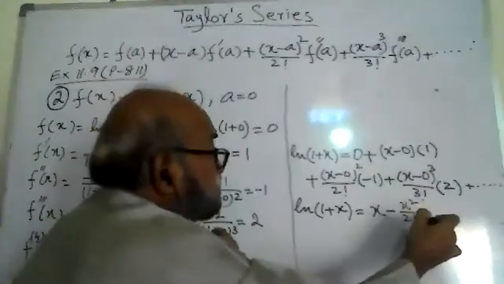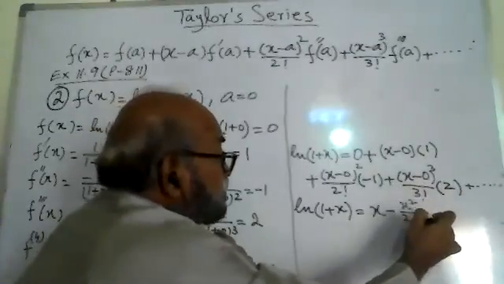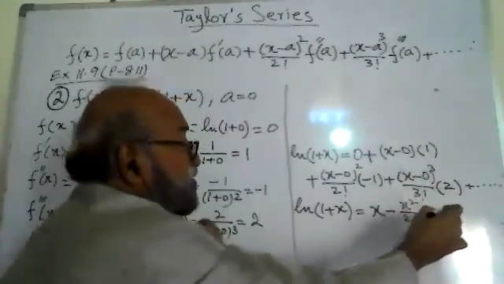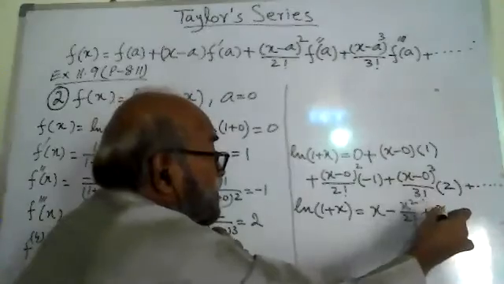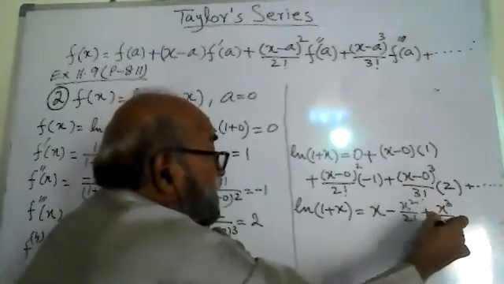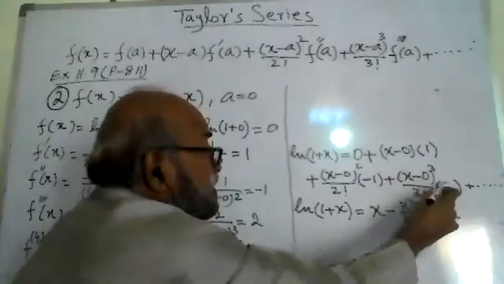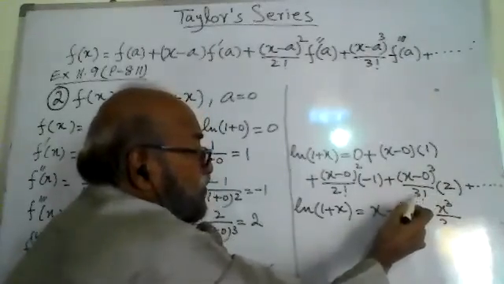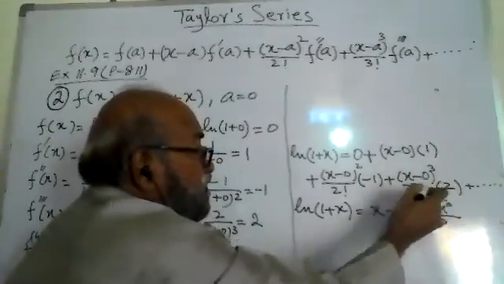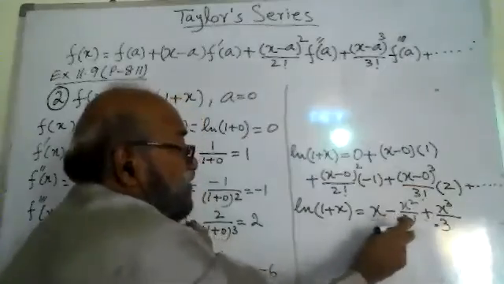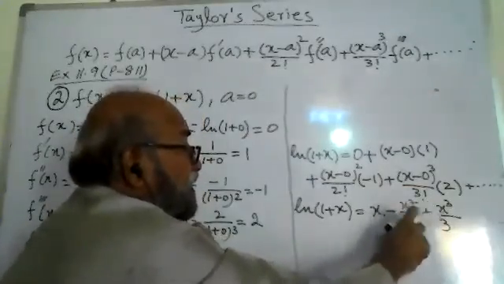Plus x minus 0 whole cube means x cube upon 3 factorial into 2. 3 factorial means 3 into 2 will be 6. 6, 2 cancel, this will be 3, and so on.